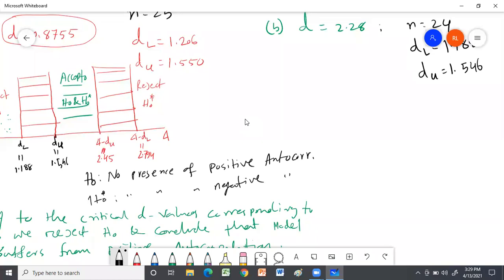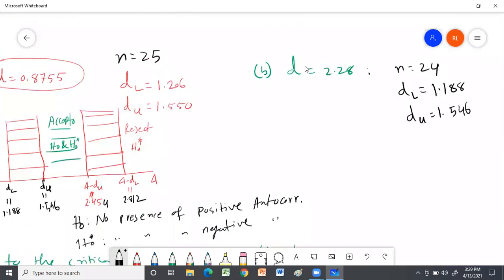And if you deduct this upper limit value from 4, it will be... Let's see what comes. 4 minus 1.546 is 2.454. And 4 minus DL, that means 4 minus 1.188, is 2.812. Okay. Now your calculated D value is 2.28.